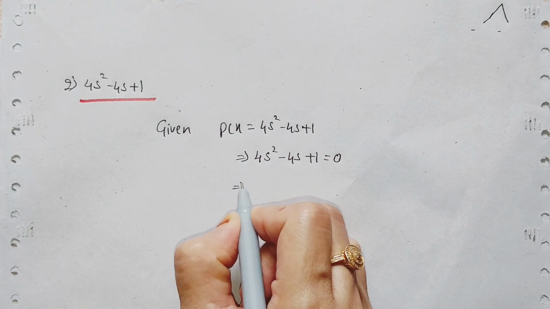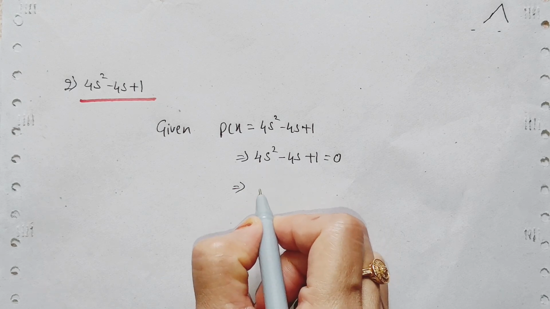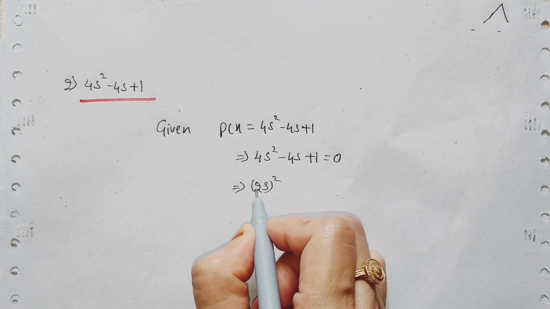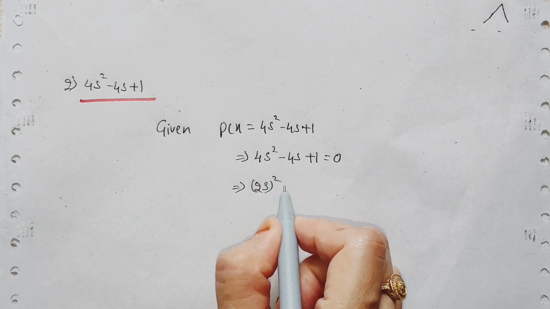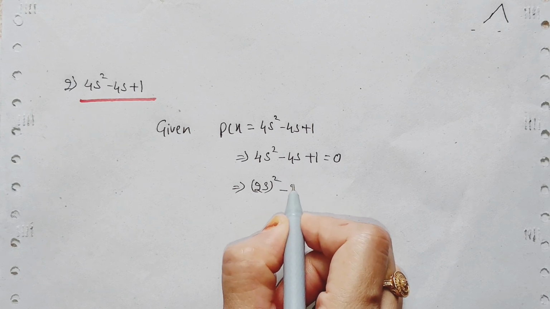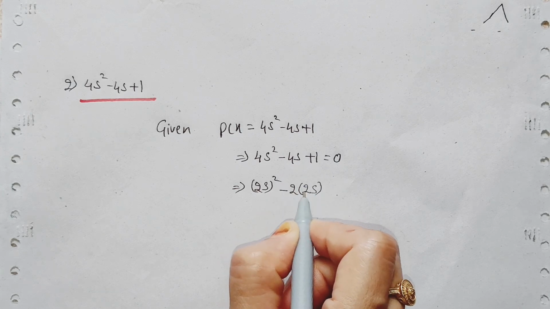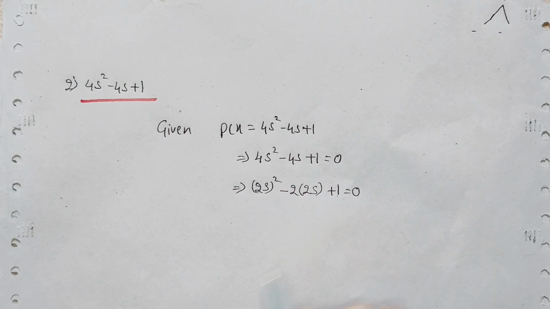Okay, so the next step will be, if you see this carefully, 4s square can be written as 2s whole square. Okay, 2 into 2, 4, s into s, s square, 4s square. Minus 4s can be written as 2 into 2s. Okay, 2 2's 4 into s, 4s, plus 1 equal to 0.